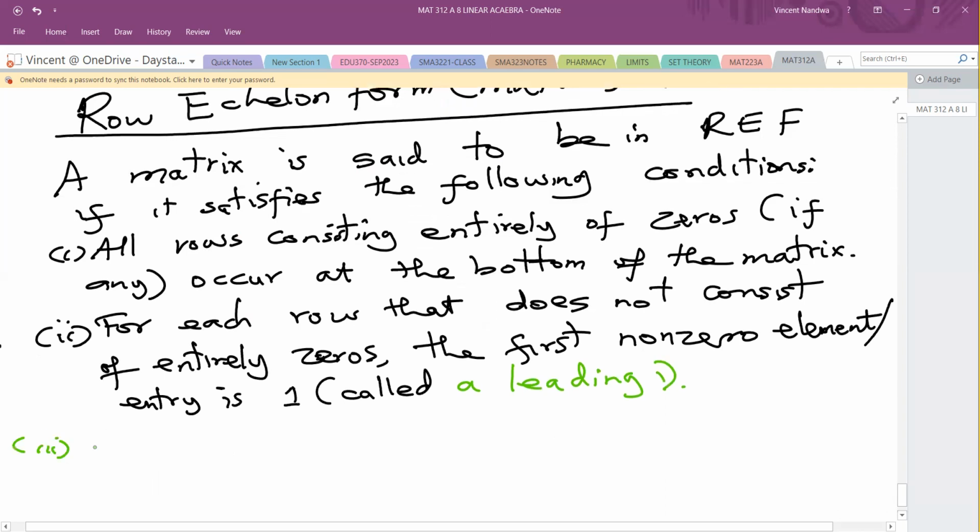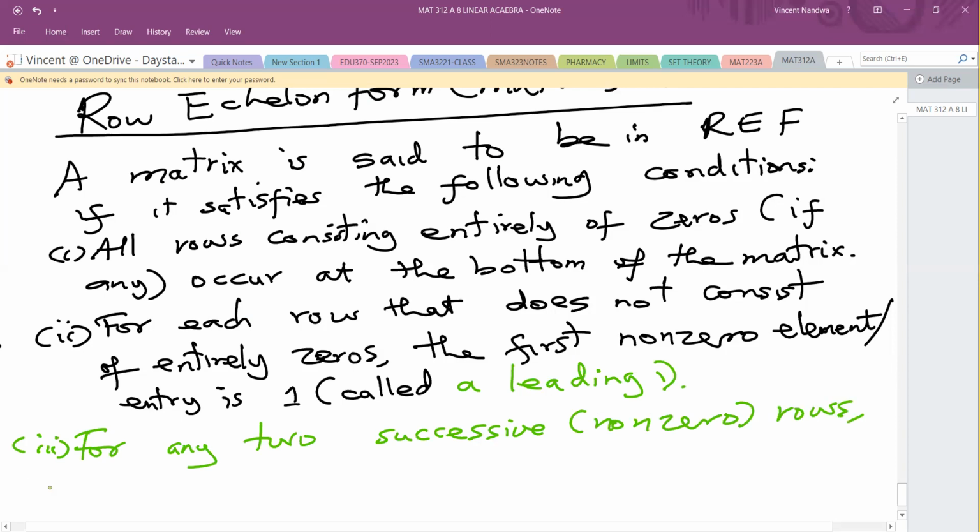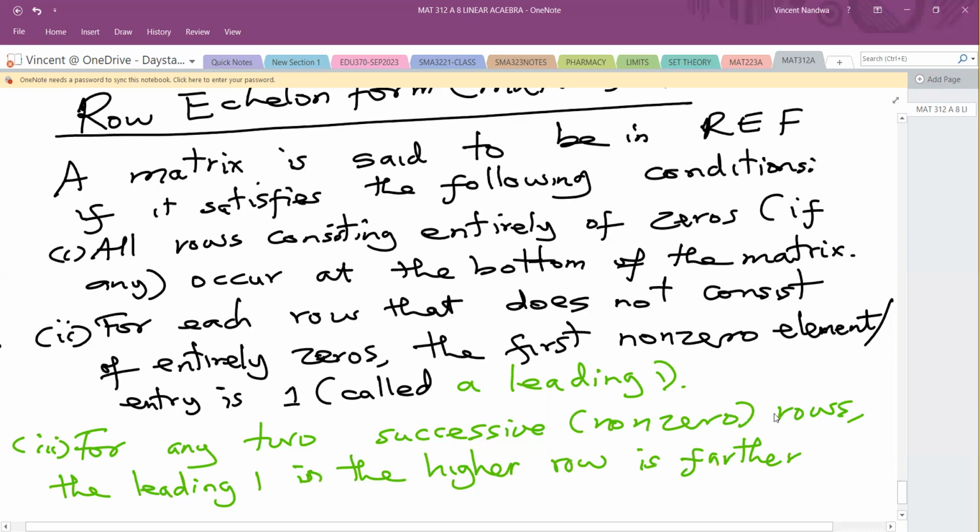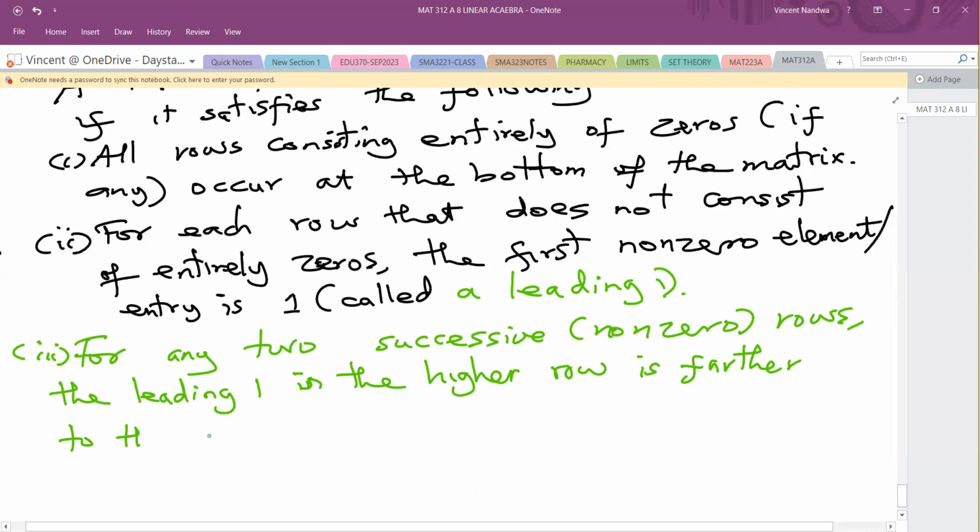Number three, for any two successive non-zero rows, the leading one in the higher row is further to the left than the leading one in the lower row.